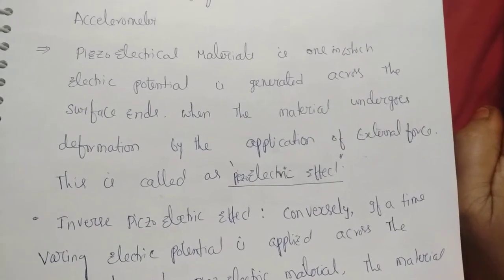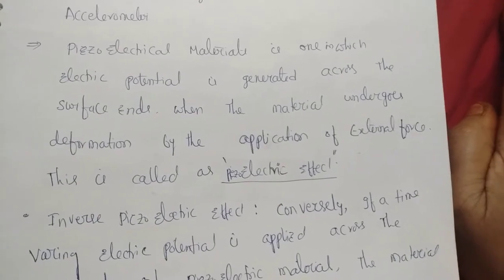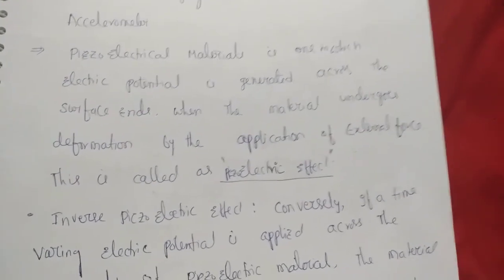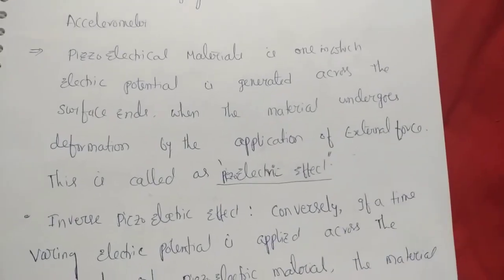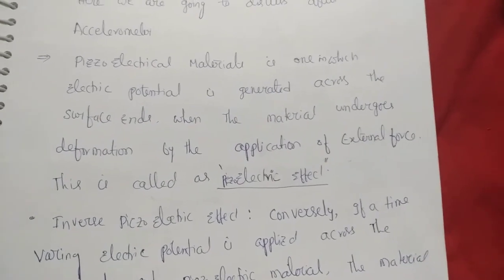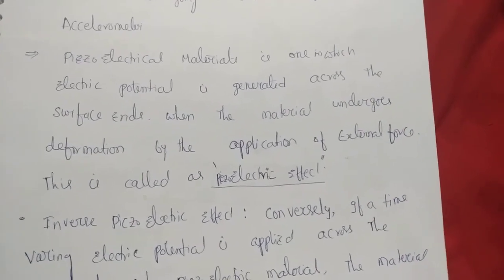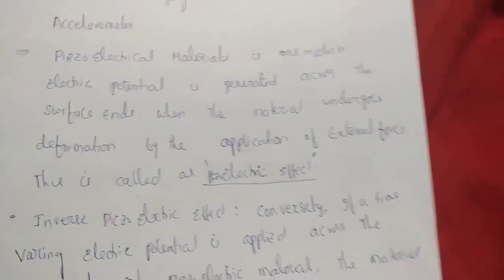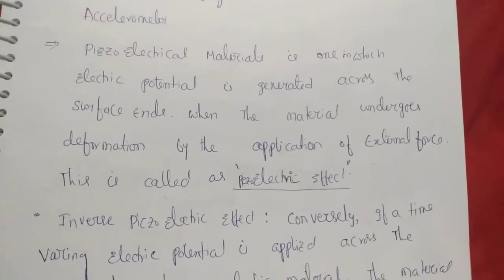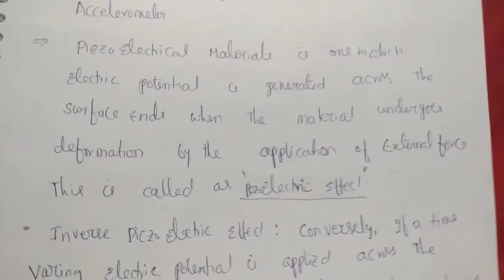When the material undergoes deformation of its crystal orientation by the application of external force or pressure, the output voltage is generated across the surface of the crystal. This property we call the piezoelectric effect.